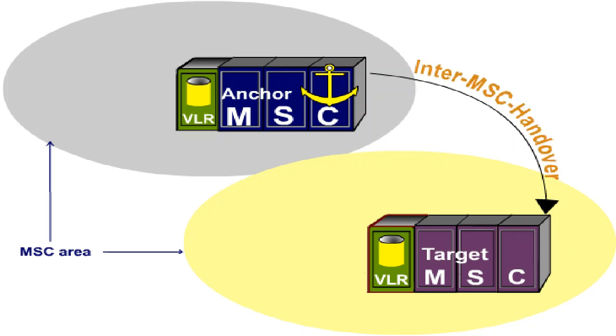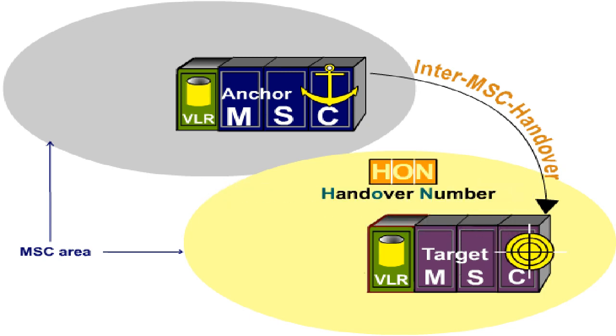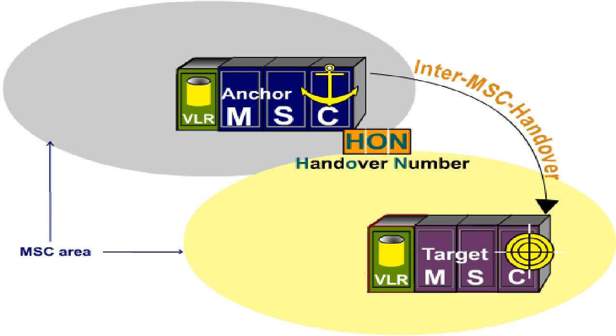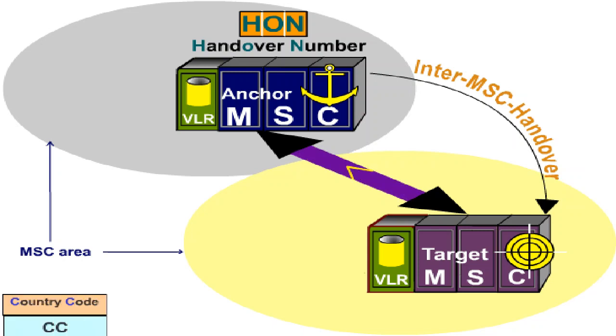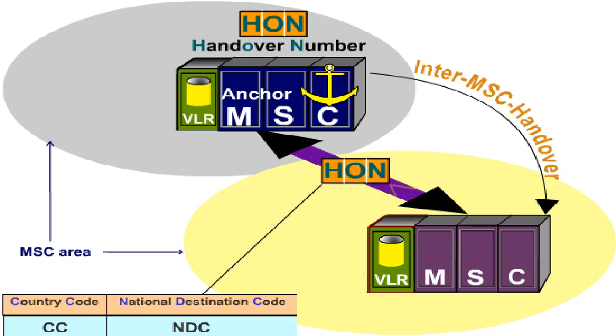To support this, the target MSC generates the handover number HON and sends it to the anchor MSC. Using this number, it can now create a connection to the target MSC. Like the roaming number, it's made up of the country code CC, the National Destination Code NDC, and a subscriber number SN, which is also different from that of the MSISDN.